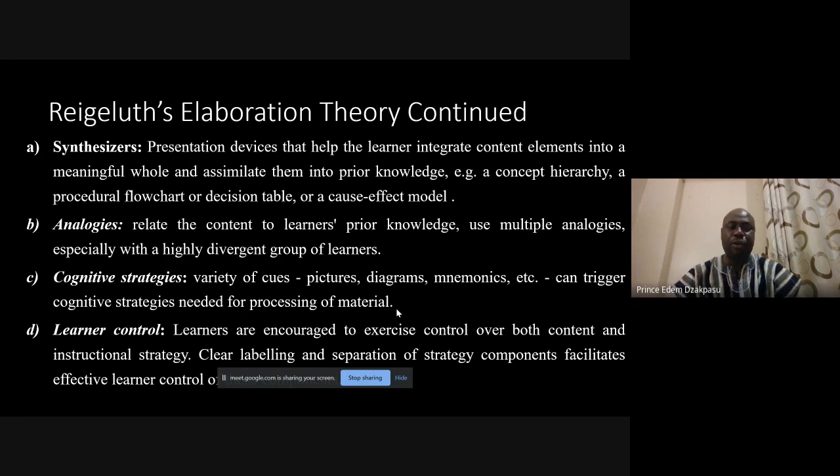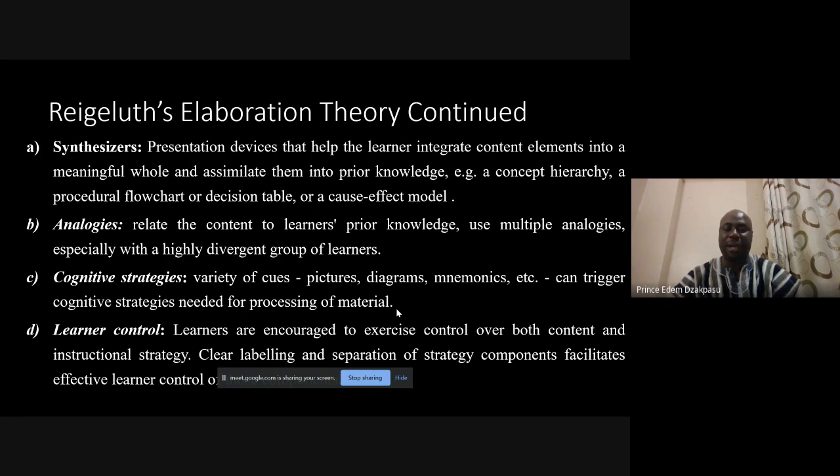Then continuing, we have what we call the synthesizers. It says that presentation devices help the learner to integrate content elements into a meaningful whole in order to be able to assimilate them prior to knowledge.